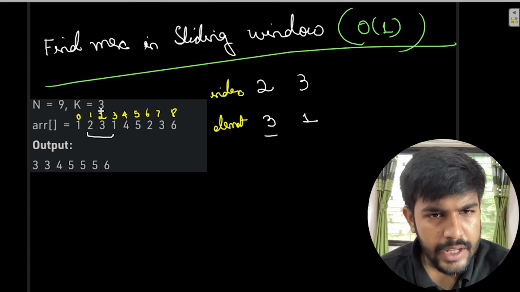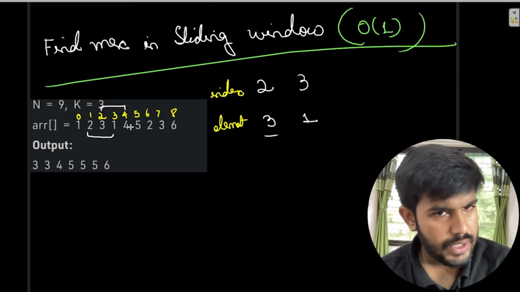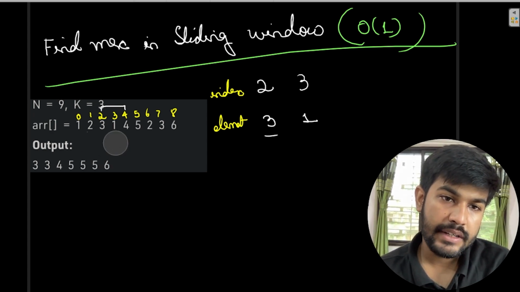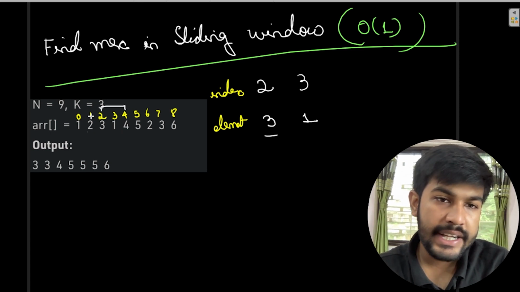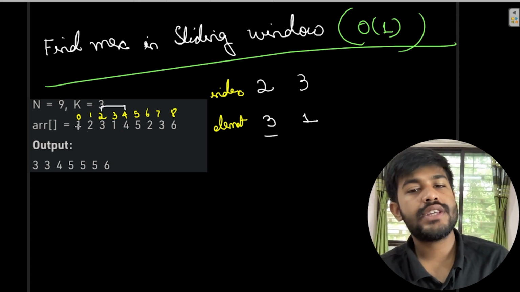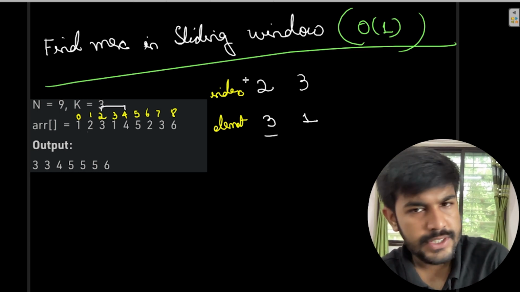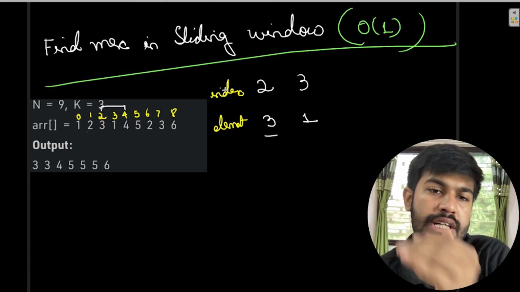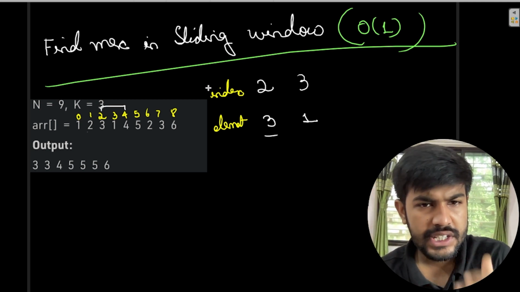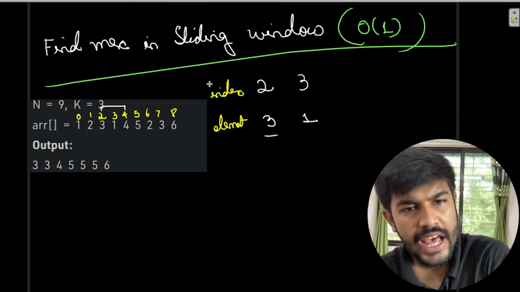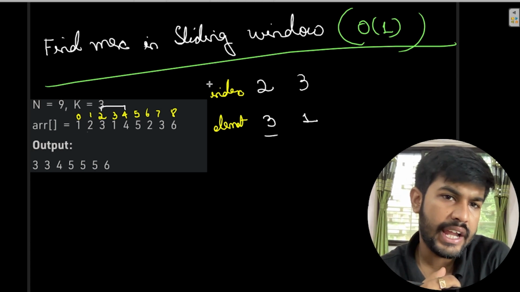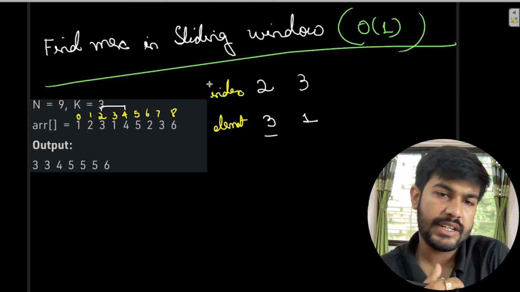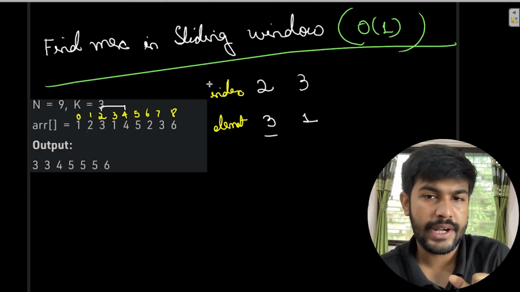Then we go to 4. This time the element we are trying to kick out is index 1. Is index 1 in this range? No, it is not, so we won't do anything. We want to insert the value 4. We already have 3, 1, and if we insert 4 at the end, the sorted order is not maintained.